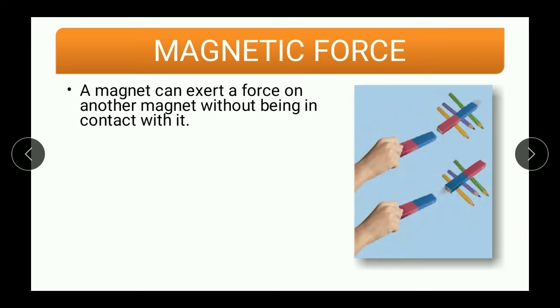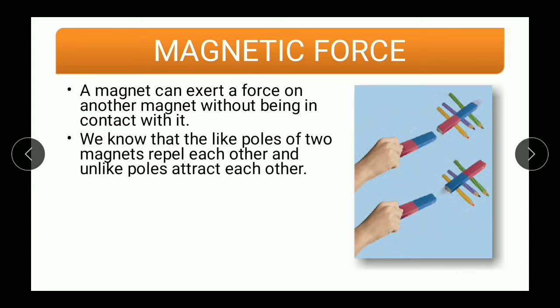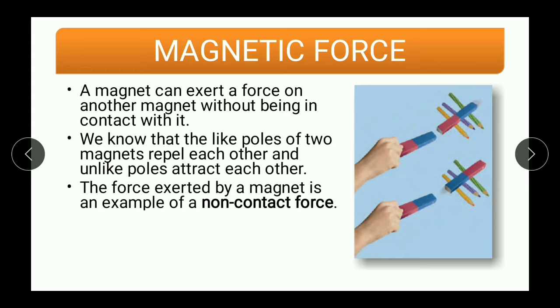So a magnet can exert a force on another magnet without being in contact with it. So this is a non-contact force. We know that the like poles of two magnets repel each other while the unlike poles attract each other. And since it doesn't require any contact, it is called a non-contact force.